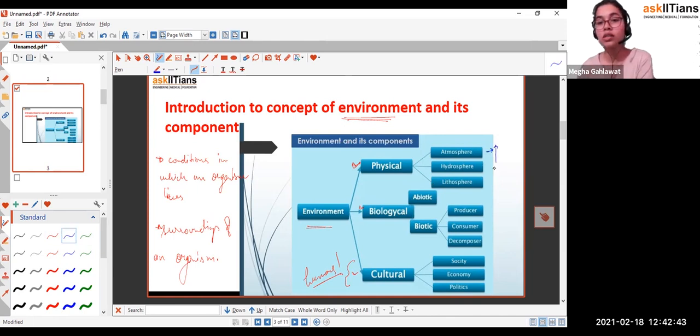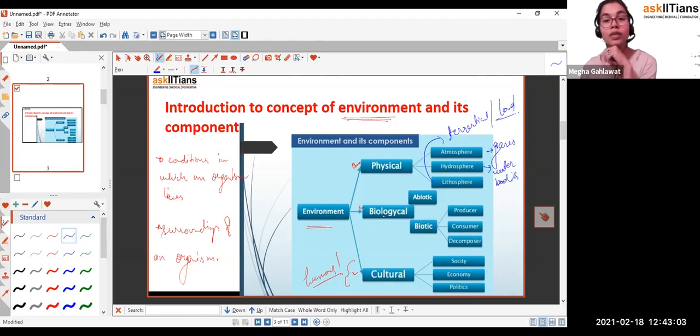Atmosphere concerns the gases which are present, okay? Hydrosphere concerns the water bodies which are present, whereas the lithosphere concerns the terrestrial part, the land part. All right. So we have these three physical components, which make up the environment.